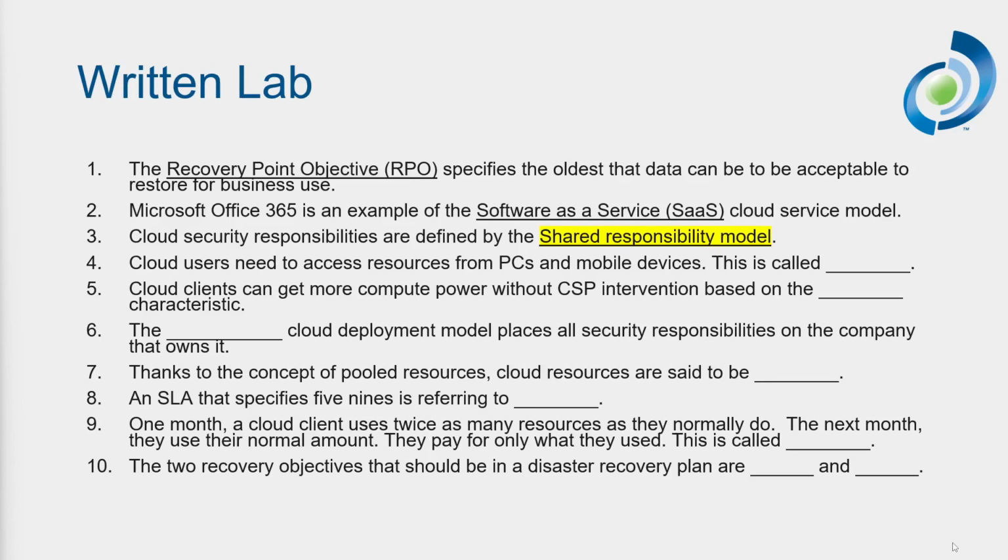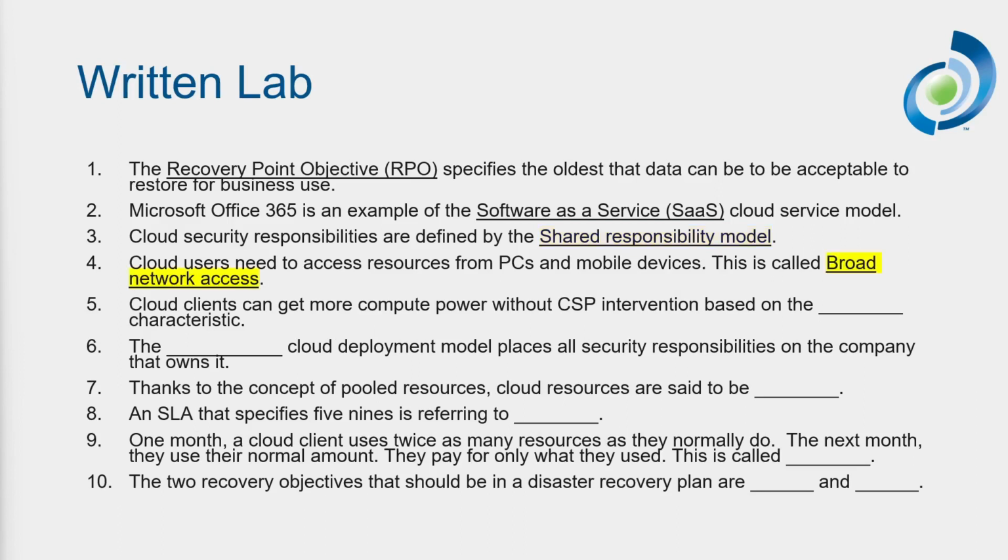Number four, cloud users need to access resources from PCs and mobile devices. This is also called broad network access. And then number five, cloud clients can get more compute power without CSP intervention based on the blank characteristic. This would be the self-service characteristic.